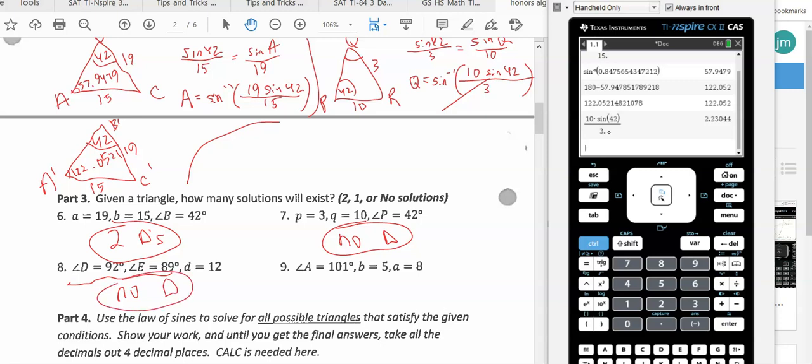Let's try this one. So triangle ABC. So we get, set it up because that is side. So sine equals sine, solve that.